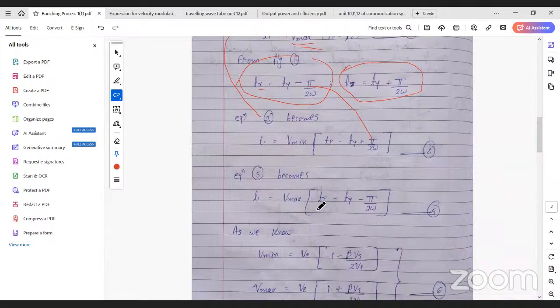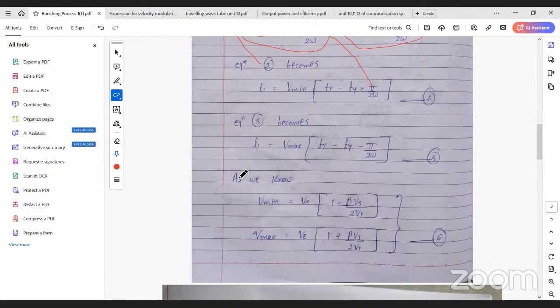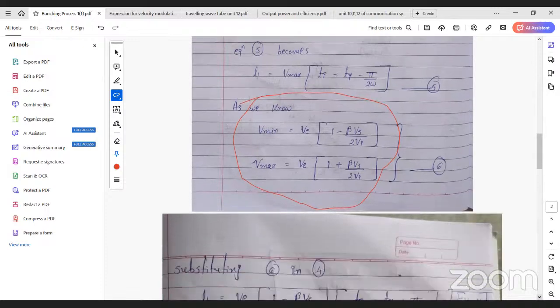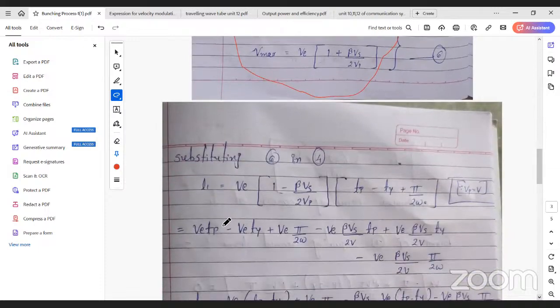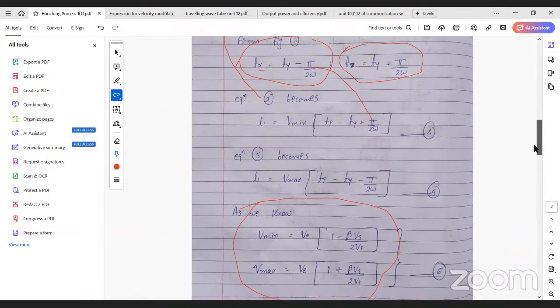Tp minus Ty, same way, two equations I substituted and we got equations 4 and 5. And the velocity calculations we did just now, the velocity modulation we discussed, these two are the V minimum equation and V maximum equation. From the previous topic, those two equations we substitute.